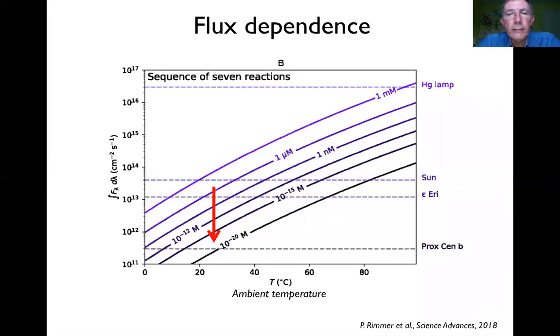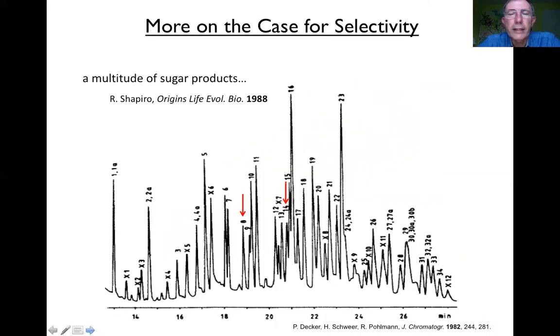If you have the right amount of yield for each of the 7 steps, you end up with micromolar to millimolar concentrations, which is just the right thing. That's what you want. It's perfect. But if you start losing on the yields and go close to 50, 40%, you are essentially dead. 10 to the minus 15 molar, obviously nothing is going to happen there. So that's what I mean by high yields.